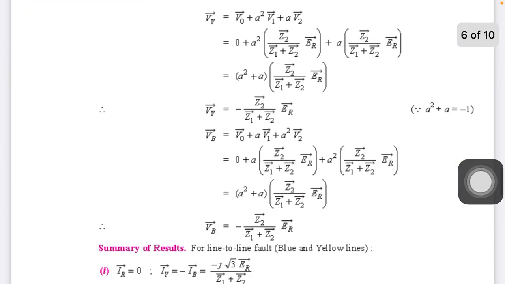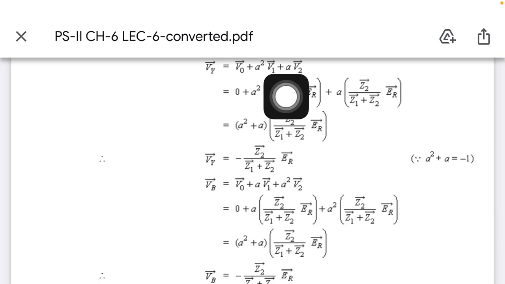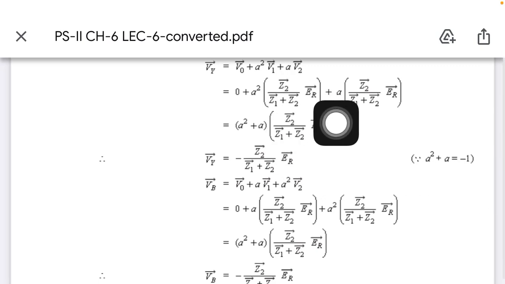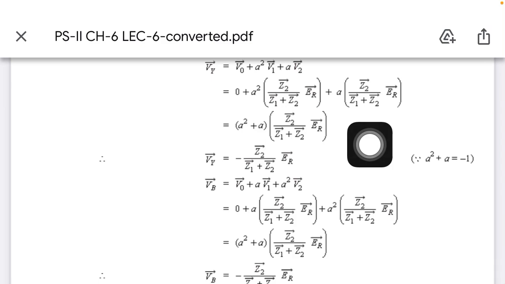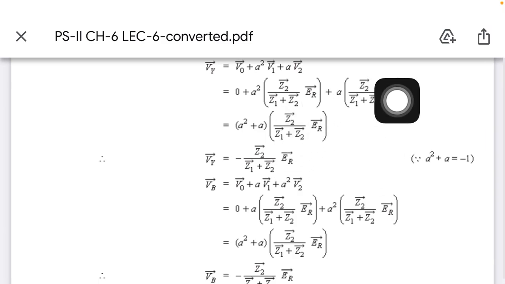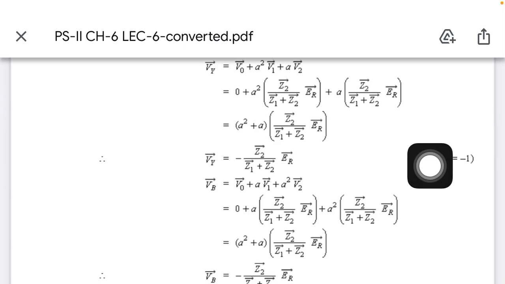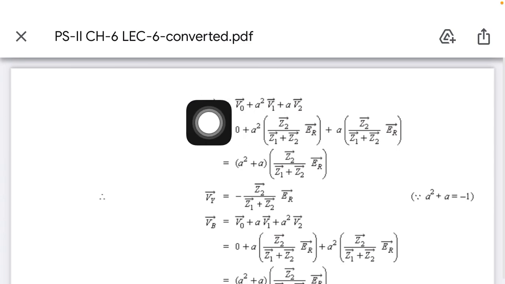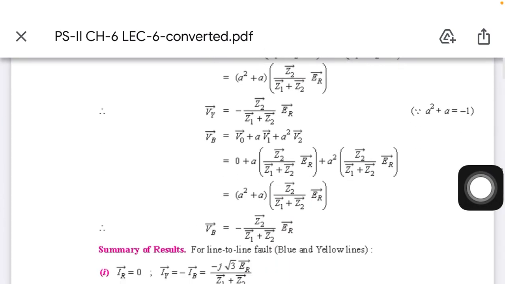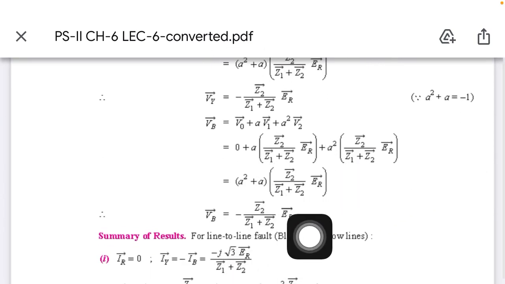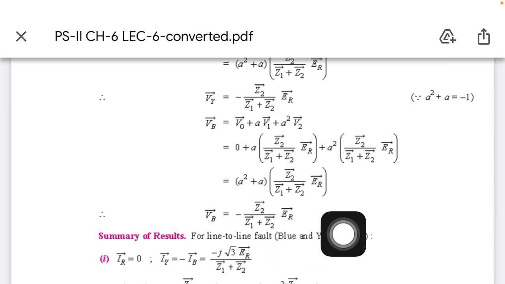If we put the V1 value, Z2 divided by Z1 plus Z2 into ER, and V2 equal to Z1 divided by Z1 plus Z2, then we get such equations. So the resultant voltage Vy is equal to minus of Z2 divided by Z1 plus Z2 into ER. Similarly, this is for Y, and for B, in the same way we get VB equal to minus of Z2 divided by Z1 plus Z2 into ER.